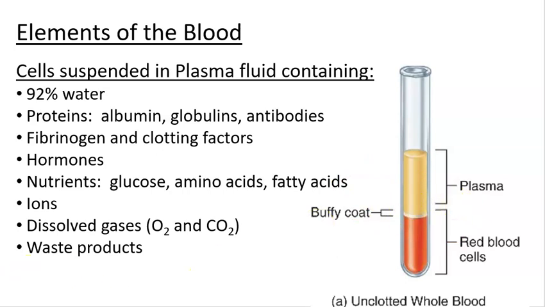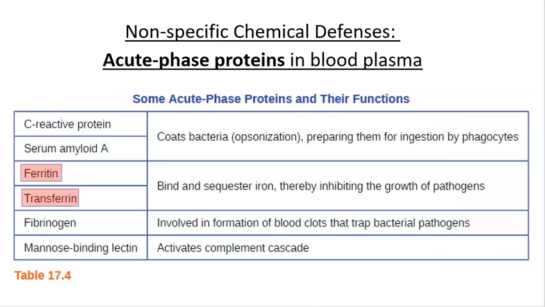And if we look more specifically at some of these things that are floating around in the plasma fluid, and again, that idea on the chemicals that are found out there in that so-called second line of defense, once you get past the armor, we can find a variety of different kinds of acute phase proteins. So these are ones that are going to act really, really quickly.